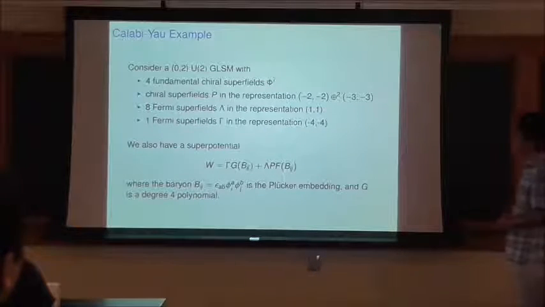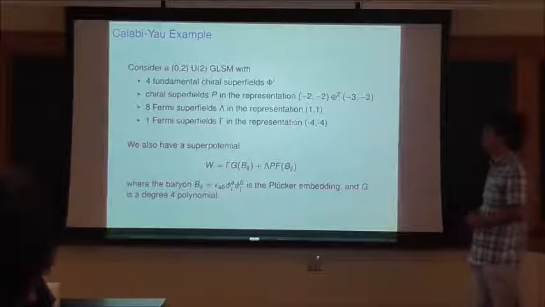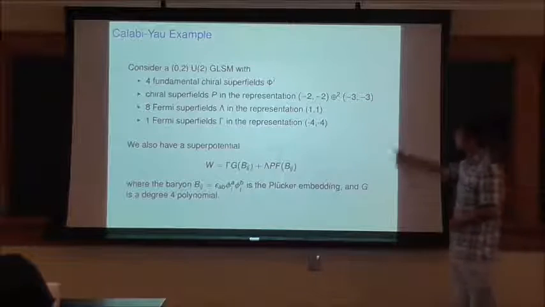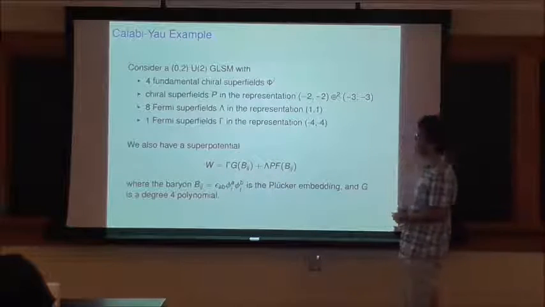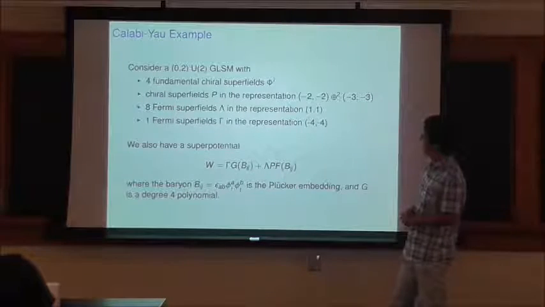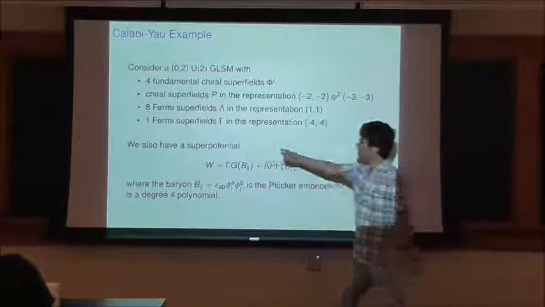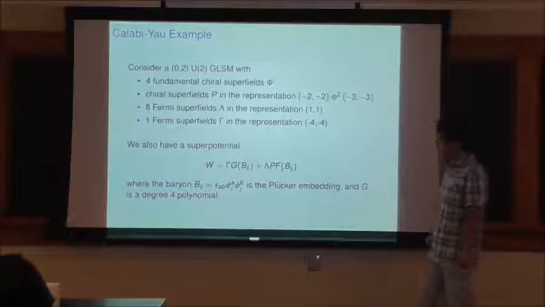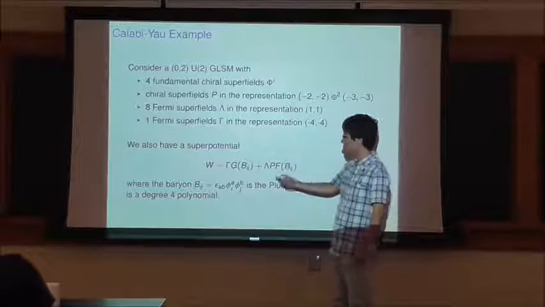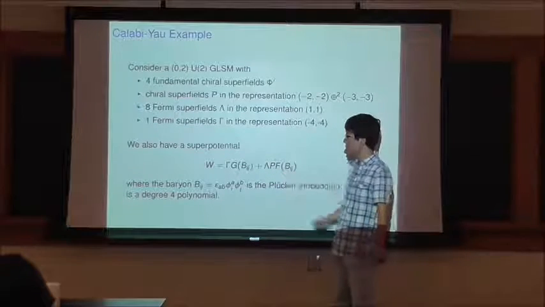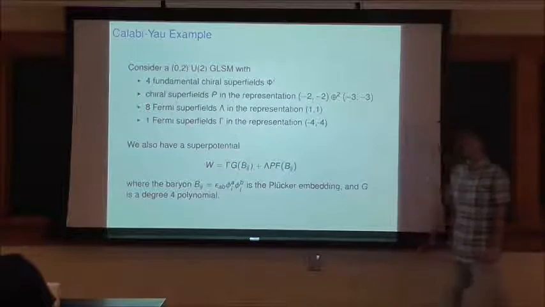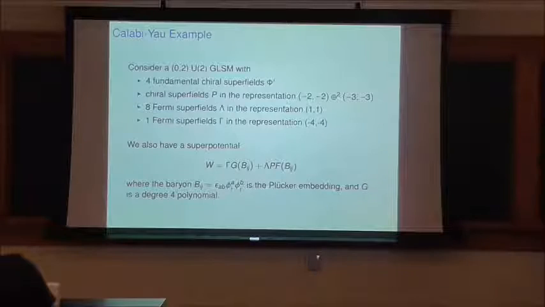The idea is you construct this theory using four fundamental chiral superfields phi, a chiral superfield P in this complicated looking representation, and Fermi superfield lambda, and on top of that you add a bunch of Fermi superfields called gamma in this representation. So if you look at the superpotential here, aside from this term that defines the bundle, you have this additional term which is the usual F term that defines the hypersurface inside the Grassmannian.